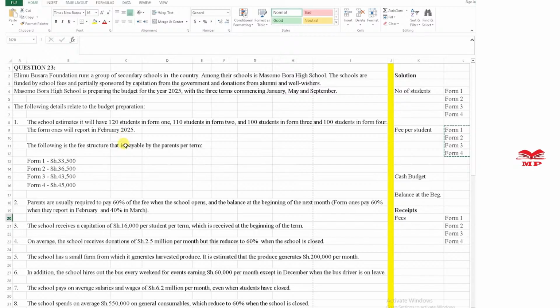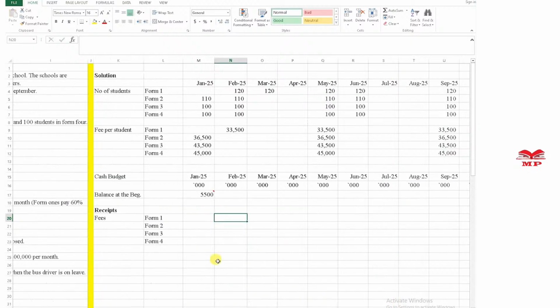Additionally, we need to also consider note number 2. The parents are usually required to pay 60% of the fee when the school opens and the balance at the beginning of the next month. That is, Form 1s pay 60% when they report in February and 40% in March. So, what I'll do, I will pick the fee, which is 33,500, and multiply that with the number of students when they join.